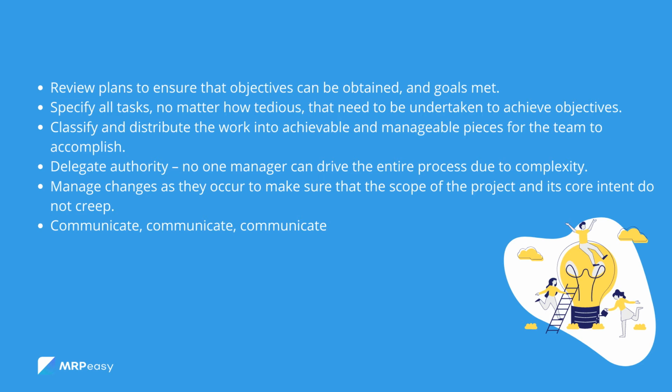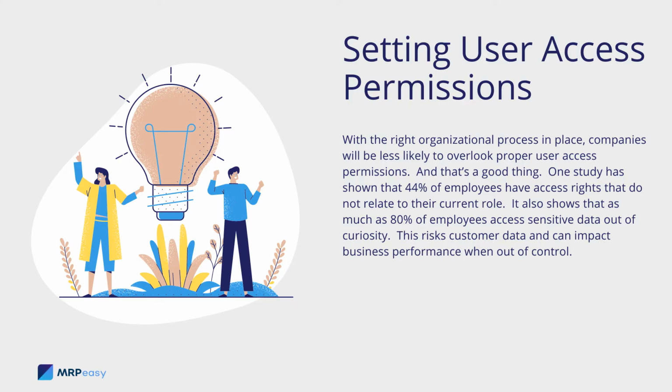No one manager can drive the entire process due to complexity. Manage changes as they occur to make sure that the scope of the project and its core intent do not creep. Communicate, communicate, communicate. With the right organizational process in place, companies will be less likely to overlook proper user access permissions, and that's a good thing.